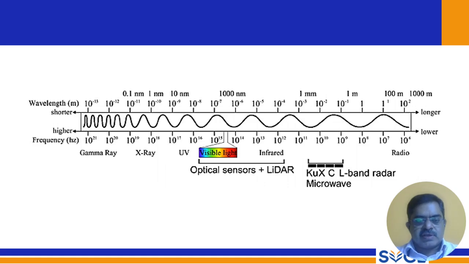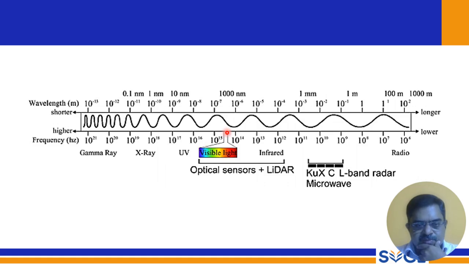So this is the spectrum, the light spectrum. Here you can see the visible light, and this is the frequency band used by Lidar systems. Optical sensors plus Lidar go up to here, and only this much of the spectrum is visible light.